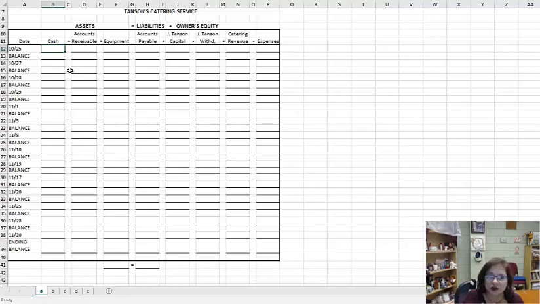So here we go. So this is what he did. In October, it says that James Tennyson invested $20,000 in the catering business from his personal savings account. So what does that mean? What that means is that we're going to make that transaction right now. Let me read it again just to make sure that you understand.